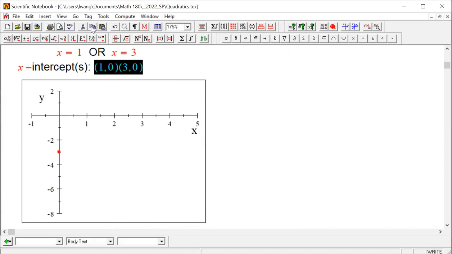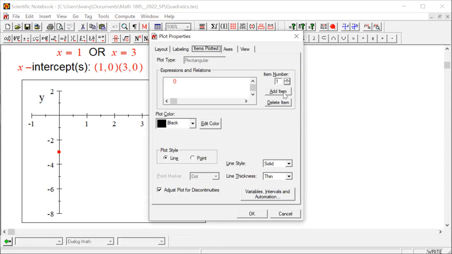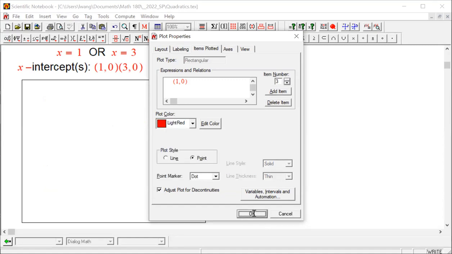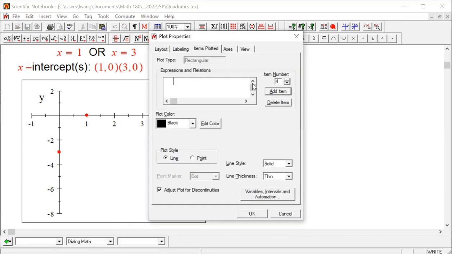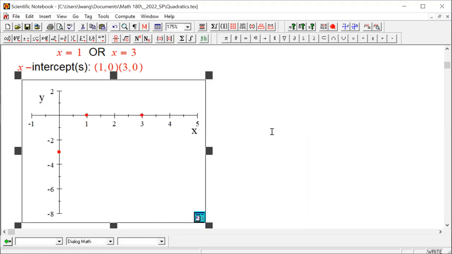Then we have 2 x-intercepts. In terms of finding the vertex, we're going to talk about finding the vertex after this. We got 3 points already.